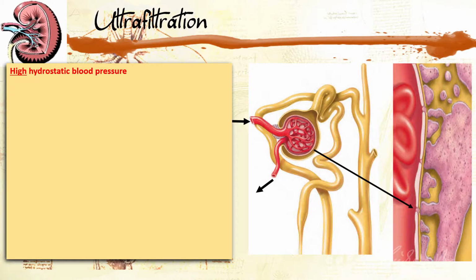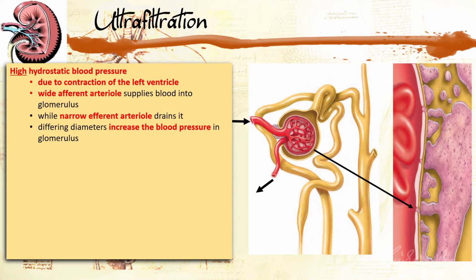The diagram on the right shows the glomerulus as well as the Bowman capsule, and this is the site of ultrafiltration. The force behind ultrafiltration is the high hydrostatic blood pressure. The high blood pressure is due to the contraction of our left ventricle.